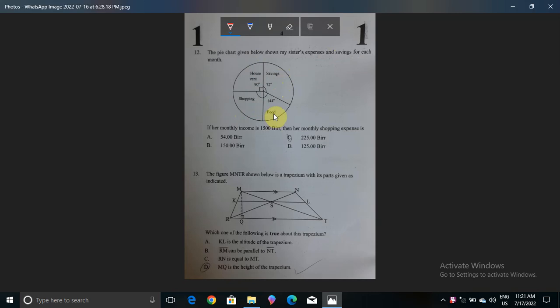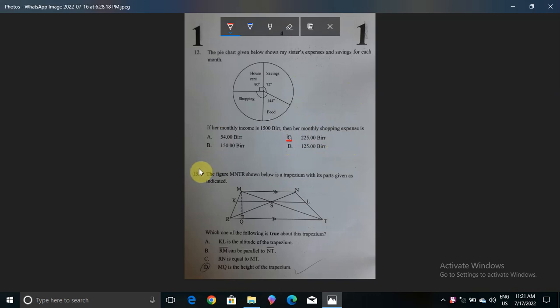Now, if her monthly income is 1,500 birr, then what is her monthly shopping expense? First of all, you will add all of the degrees, then subtract from 360, then you will get the degree for shopping. Then you will make this degree over 360 degrees times the total, then you will get the answer, which is choice C.